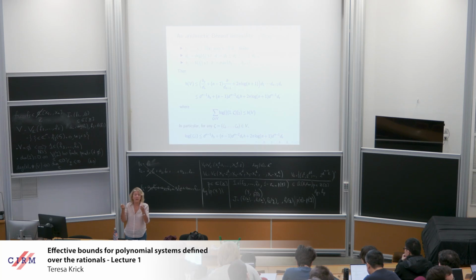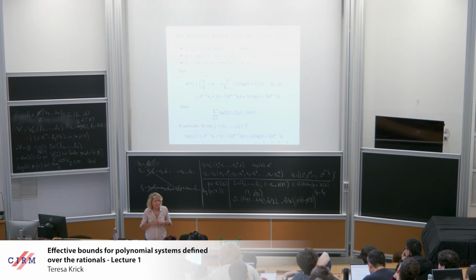And these bounds, again, essentially agree with the bounds that appear in the literature. In particular, there are bounds by Kani, by Yap, by a paper by Bernard and Ioannis and Elias.